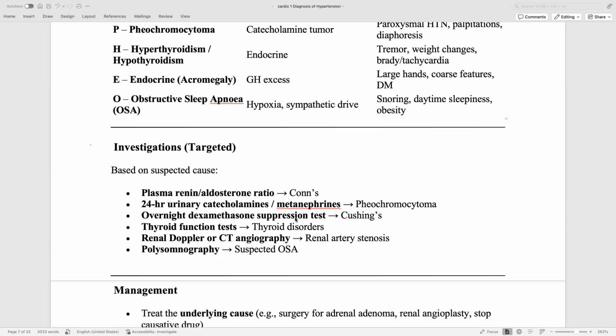So better to check the metanephrines, the metabolite, which will be stable over 24 hours because it is excreted by the kidney. So it will be there stable for 24 hours, regardless of the bolus secretion of the adrenaline.